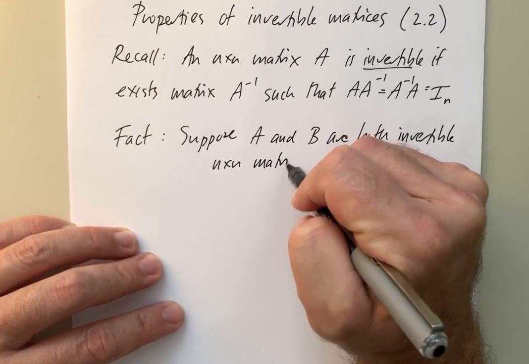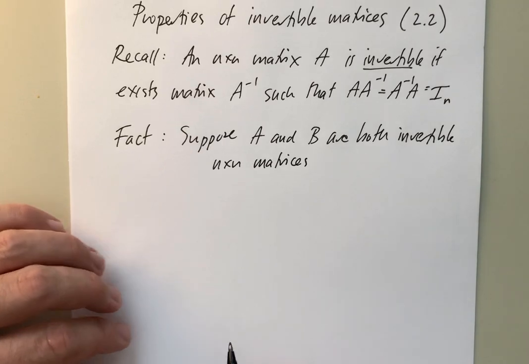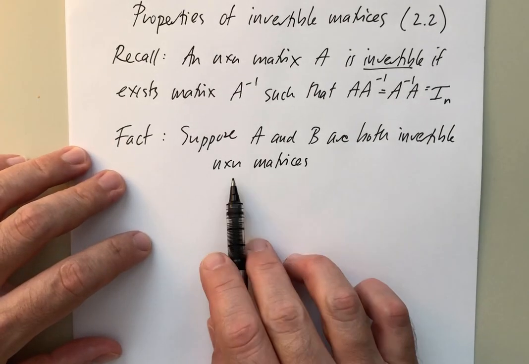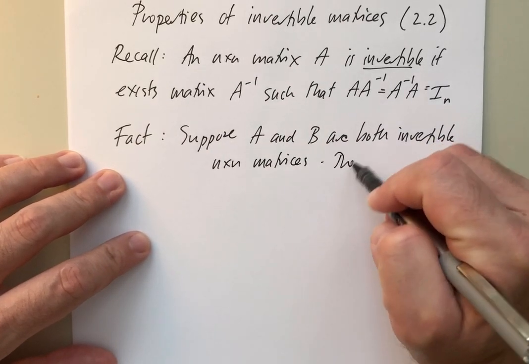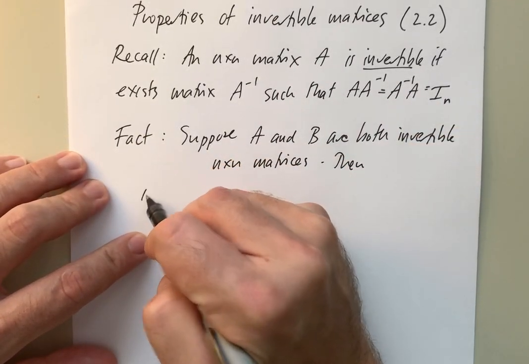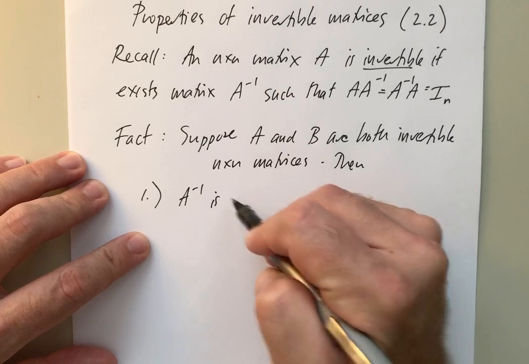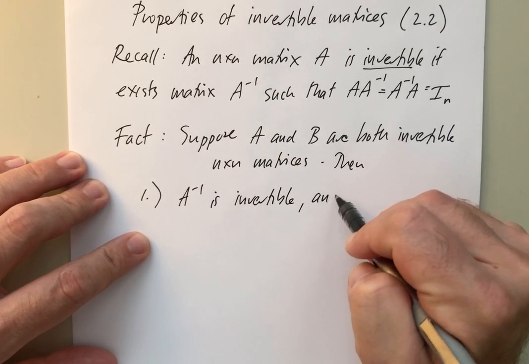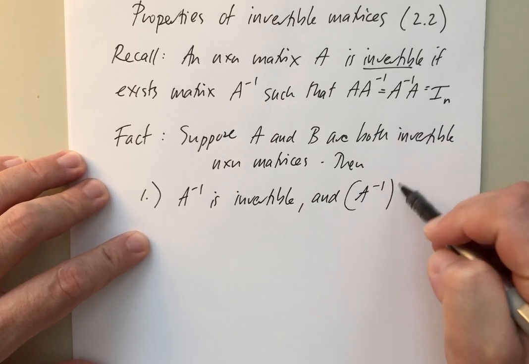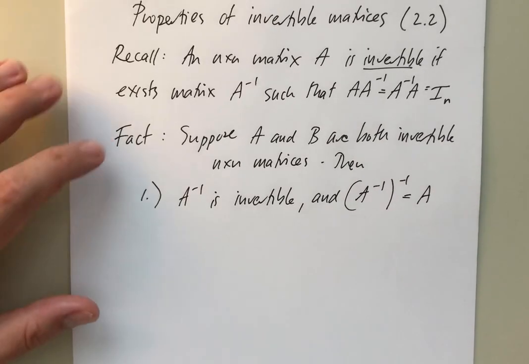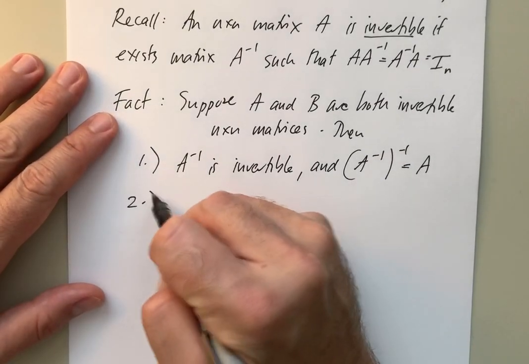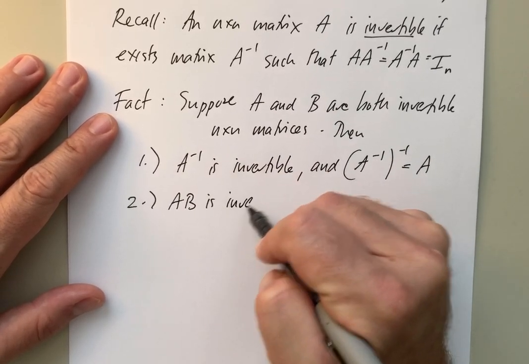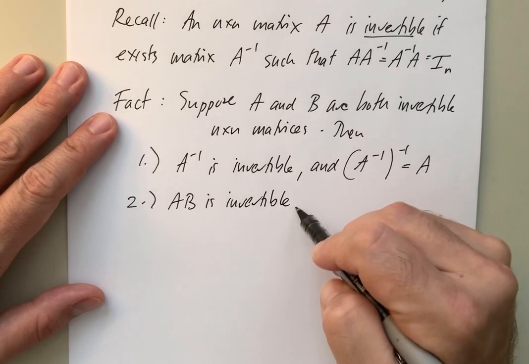As I have said before, in the context of invertible matrices, I'm only going to be thinking about square matrices, n by n. Then we have three things happening here. One, A inverse is invertible, so the inverse matrix itself. And what is the inverse of the inverse? It's A. Okay. Two, AB is invertible, so the product of those two matrices gives you a new matrix.